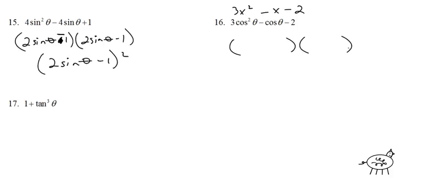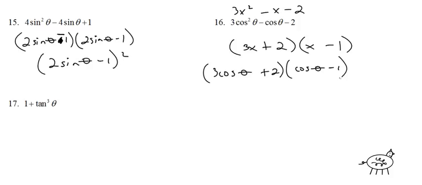If I factor that, I would get 3x and x, and then plus 2 and minus 1, and that would give me the correct middle term. So with cosine, it's 3 cosine of theta plus 2 and cosine of theta minus 1. That's the answer to that one.